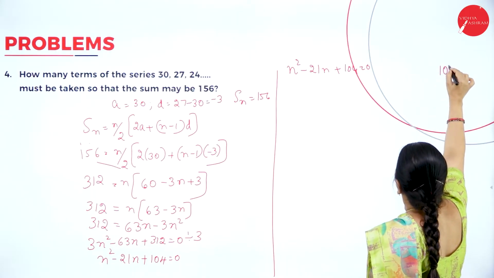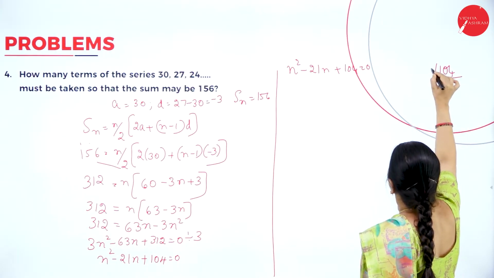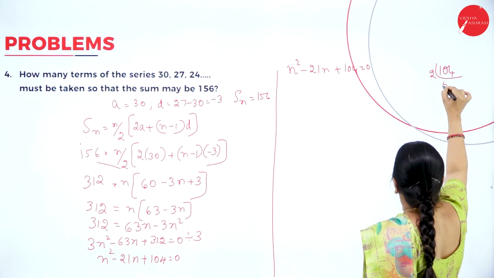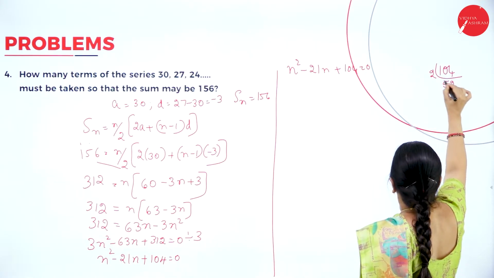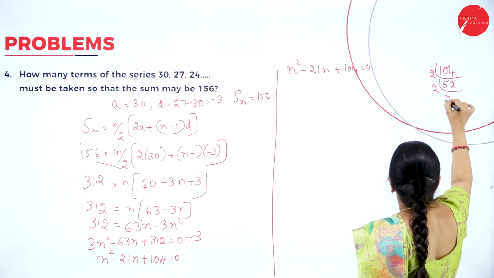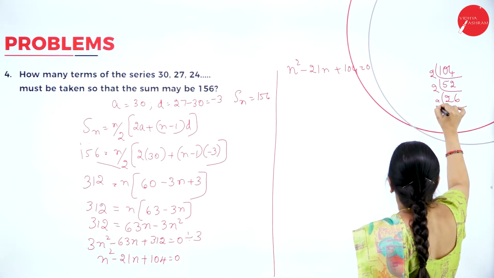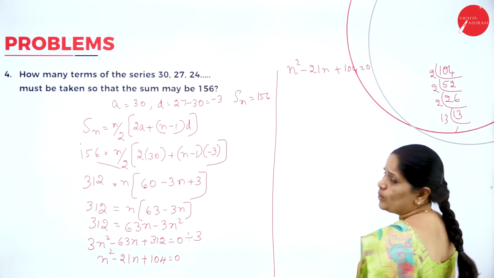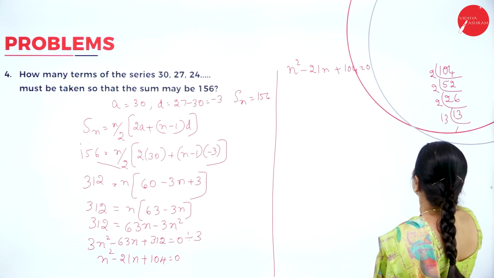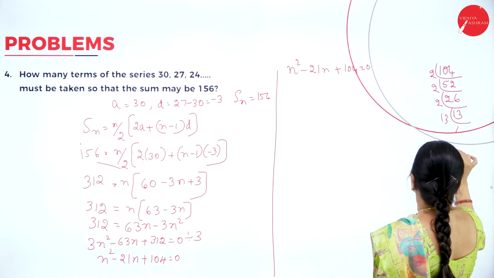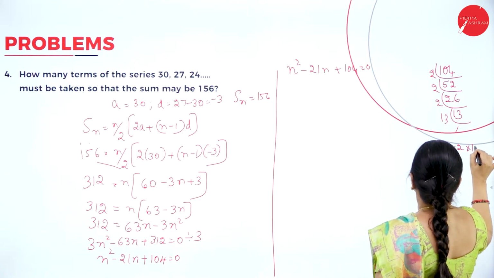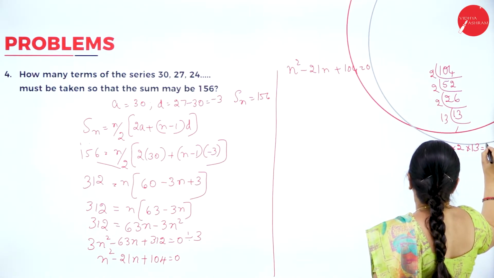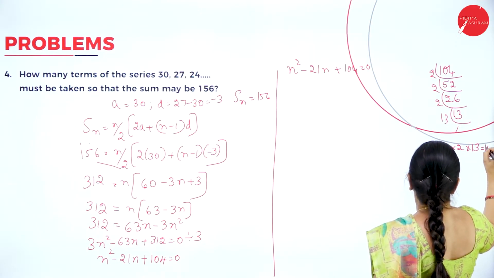Now I am factorizing this 104. So 2 into 2 into 2 into 13 equals 104.